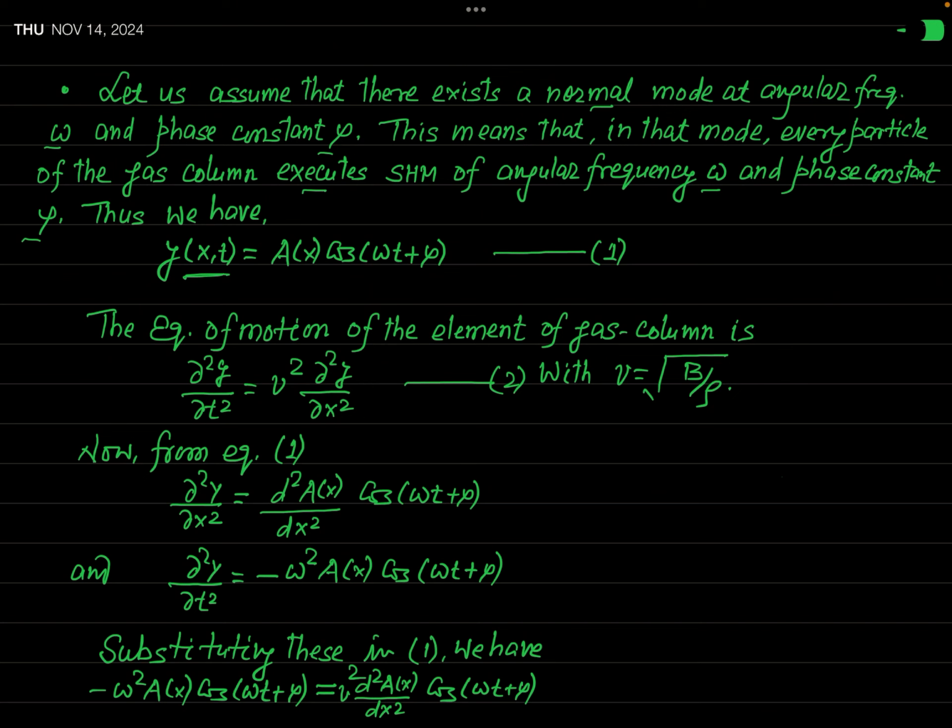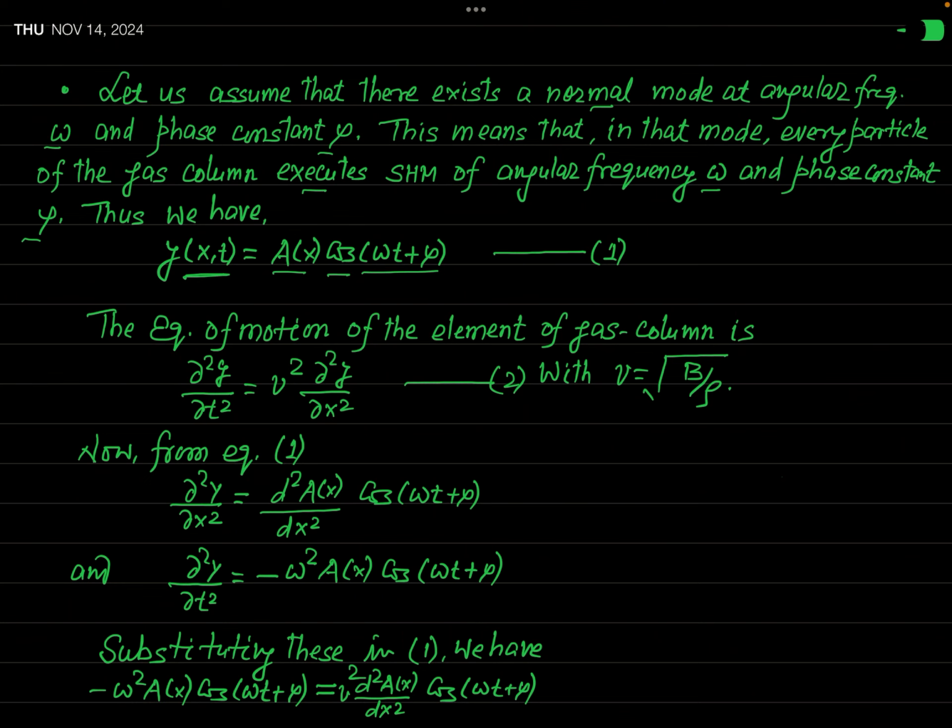Here I have used the cosine function, but instead you may use the sine function. So the displacement of a particle of this gas at any moment t at position x is given as A of x times cosine of omega t plus phi. Here, this A of x is the amplitude of oscillation which depends on x.